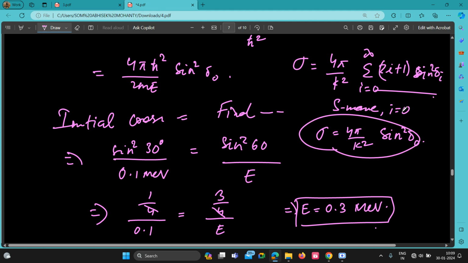This is for your S wave. But the thing is, k is root 2mE by h square, because we need E. We cannot do anything with k, so we have to put E. So I put E here, I took the ratio, I equated them, and this is what I got. Alright, clear?